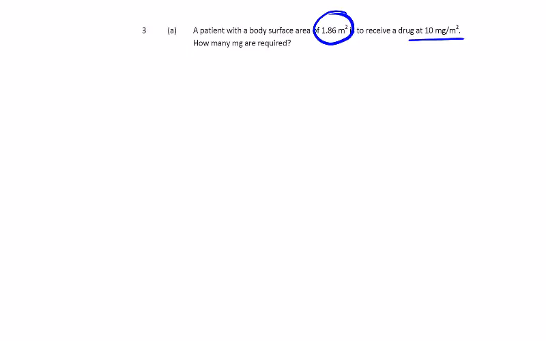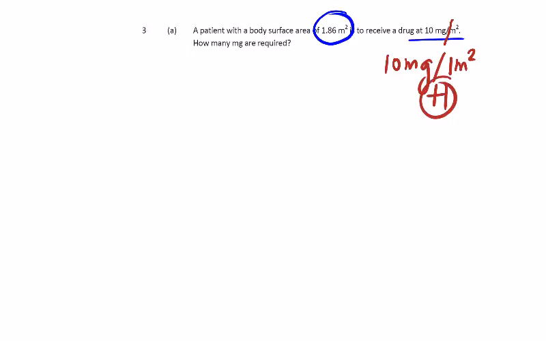The have is usually the easier one for us to identify because we have two quantities. We have a ratio, and even though that one doesn't look like a ratio, it's 10 milligrams per 1 meter squared, per each meter squared. So here are the two quantities that become part of our have in the box.